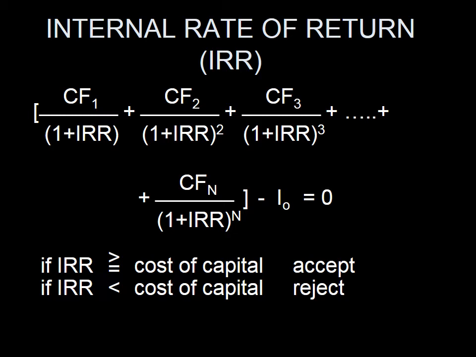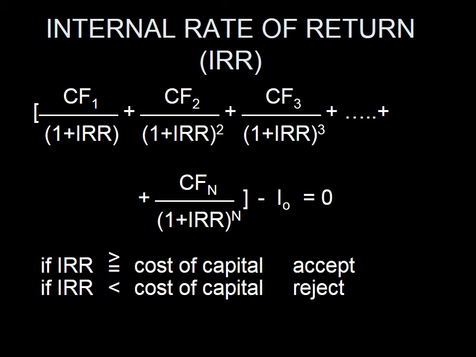So what we're trying to do is make this equation come true. We want to find the discount rate that gives us a net present value of 0. See how this formula discounts all the cash flows by the internal rate of return, then subtracts the initial investment, and it wants to come out to equal 0.